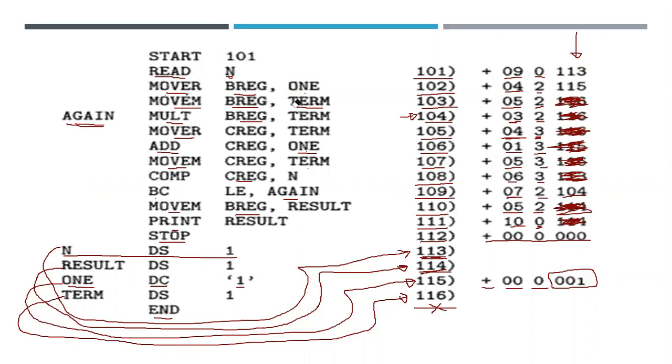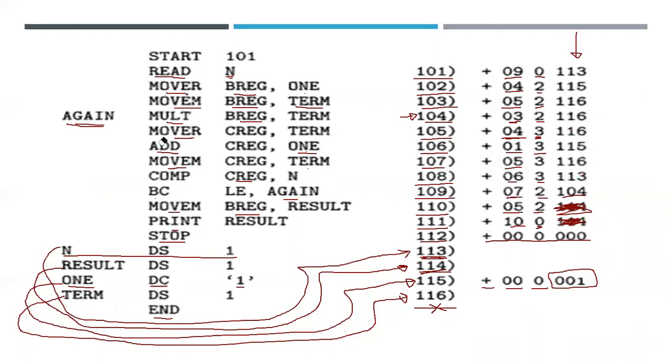Next is term. What is the address of term? 116. What is the address of 1? Check it out, 115. What is the address of N? 113.